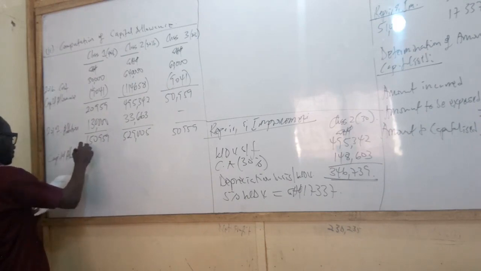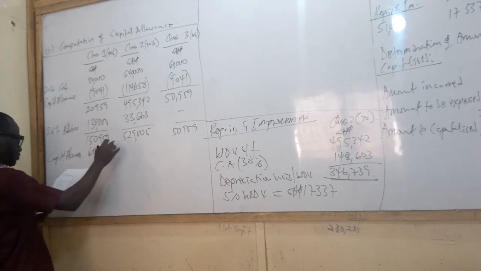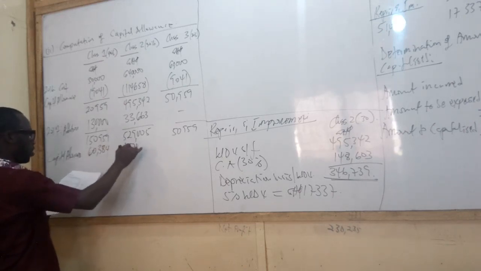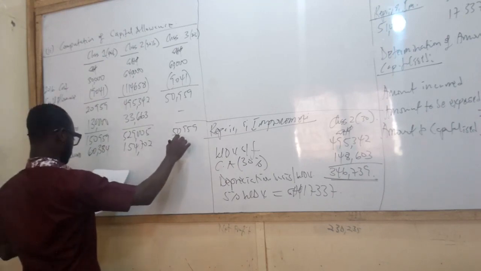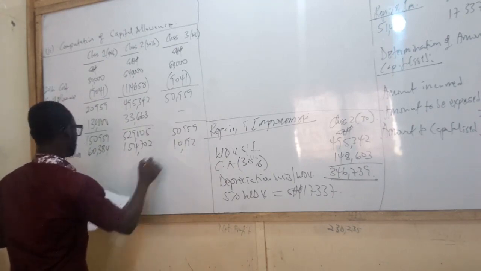And so we're going to get 60,384, 154,702, and then 10,192.